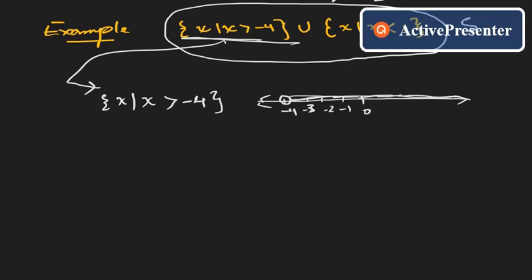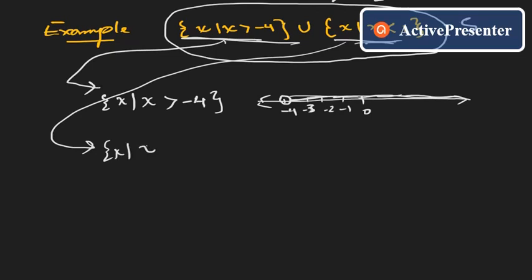Okay, and then we graph this set, which is the set of x such that x is less than 1. Here 0, here 1. Open. X is less than 1, so it is from negative infinity up to 1.